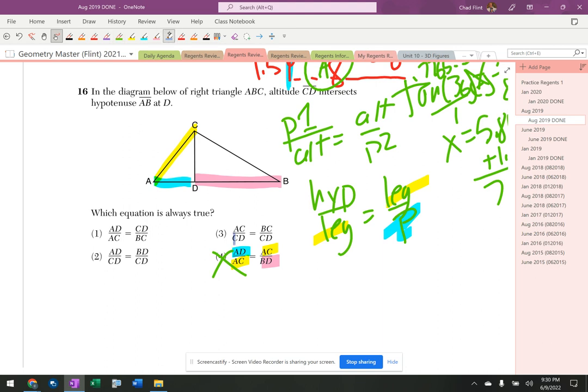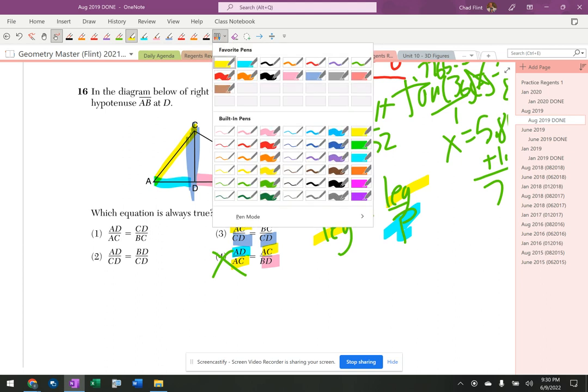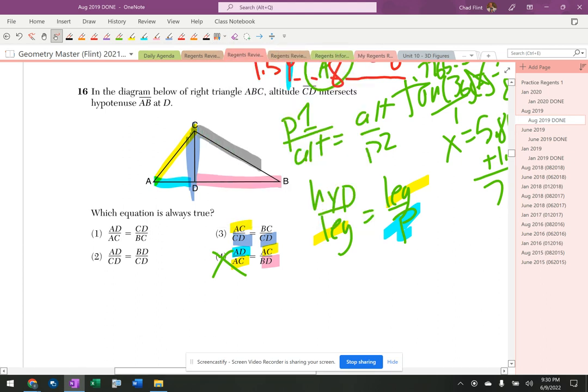So right here, I see CD on the bottom of both of those. That would be something over altitude equals something over altitude, which doesn't make any sense here. The other issue is, right now you have the hypotenuse over CD, and then you have BC, which is also a hypotenuse.